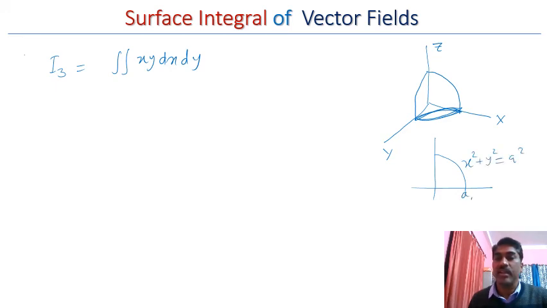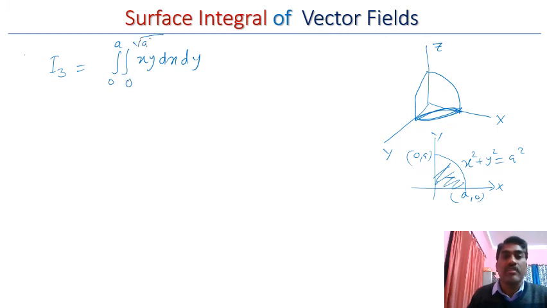This is a comma 0, this is 0 comma a, this is the x axis, this is the y axis. So this whole region is considered while taking I3. Just put the limits: 0 to a for x, and 0 to square root of a square minus x square for y.